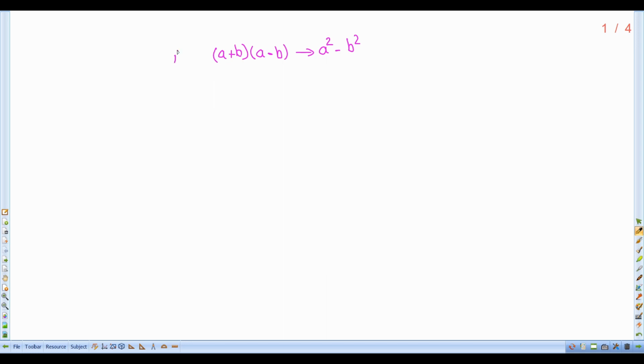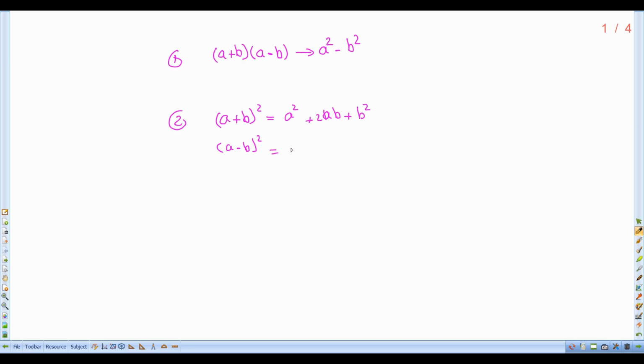And we also learned how to find the product square of a sum or difference, like a plus b all to the power of 2 and a minus b all to the power of 2. The product of this one will be the first square plus 2 multiplied by first multiplied by second plus the second square.